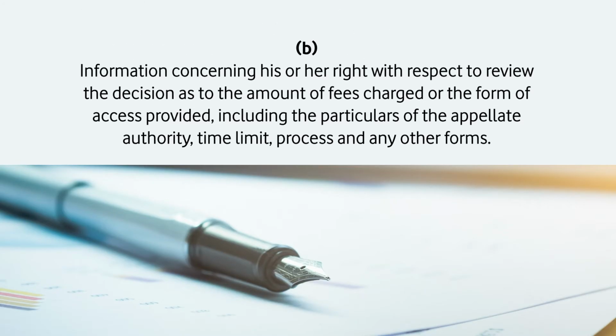Information concerning his or her right with respect to review the decision as to amount of fees charged or the form of access provided, including the particulars of the appellate authority, time limit, process and any other forms have to be provided.